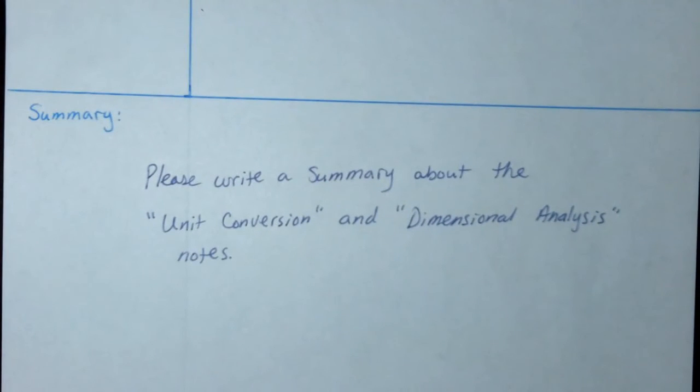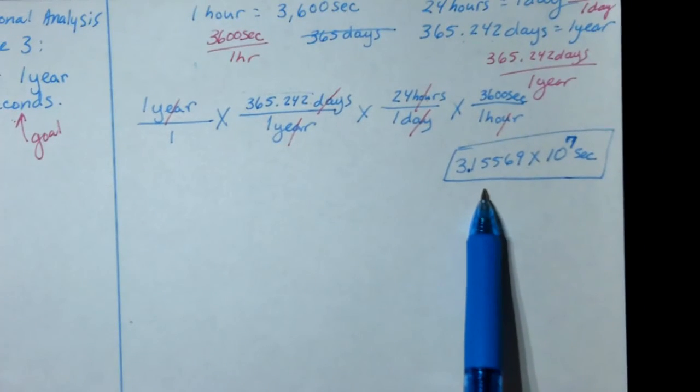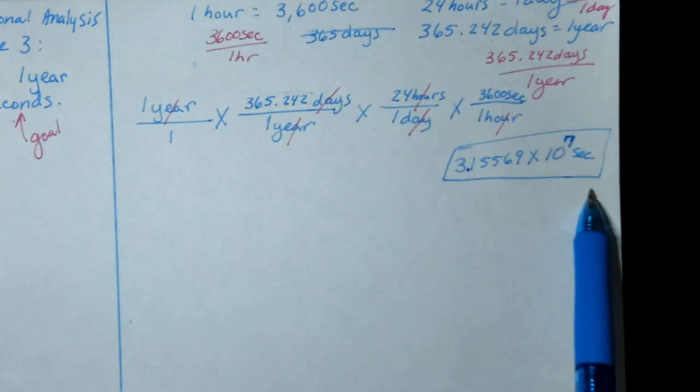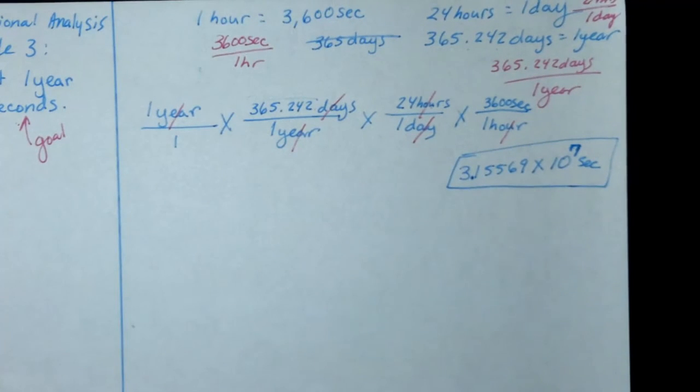Go ahead and write your own summary about unit conversion and dimensional analysis. Feel free to mention that we used some scientific notation to get our final answer here. And hopefully this makes some sense. We are going to be working on some problems together, going through the step-by-step of setting up unit dimensional analysis.